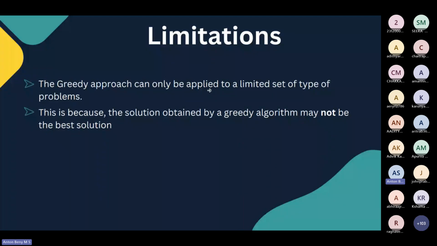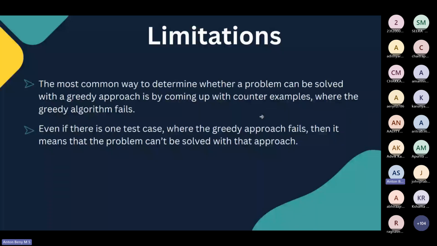This is because the solution obtained by a greedy algorithm may not be the best solution. The problem will obviously ask you for the best solution, but if you're doing the greedy approach, you're choosing the best at each stage, not the globally optimal solution. So sometimes you might not get the intended solution. So we look at one example where the greedy approach fails.